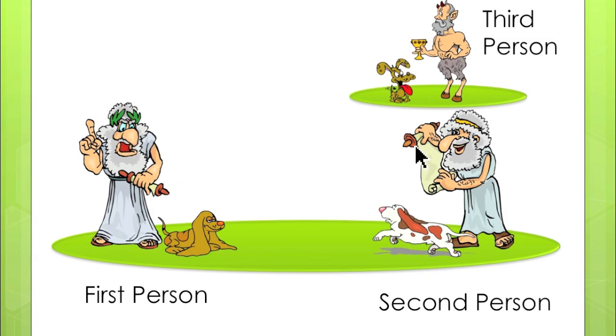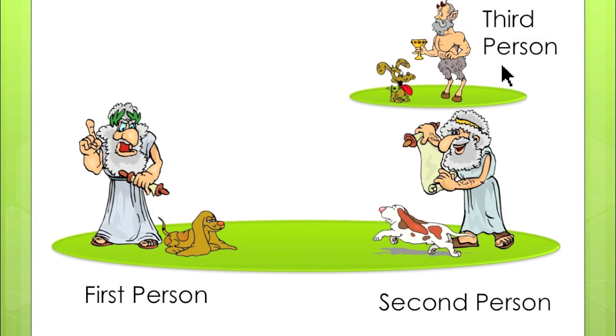If he is talking to the more kindly poet, from the perspective of the cranky poet, the kindly poet is the second person. Finally, if the cranky poet is speaking to the kindly poet, the satyr over here is the third person.